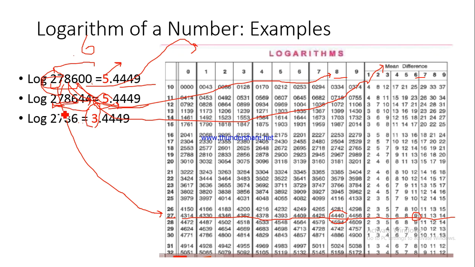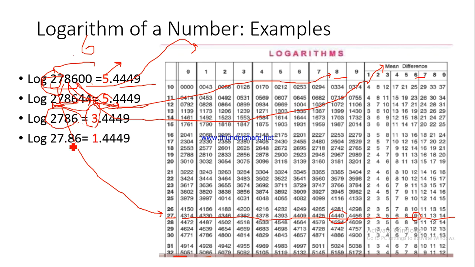So you see the difference is not because of the mantissa; 2786 is always going to give you the same value, 4449. The difference is in the characteristic, and the difference is because of the number of digits before the decimal.